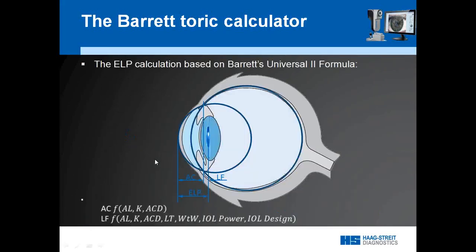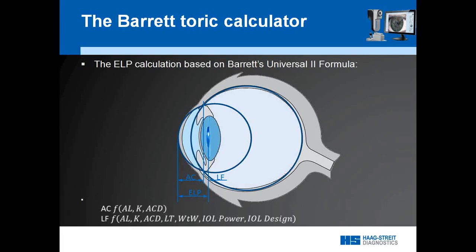So, the Barrett formula calculates the lens position based on axial length, K reading, ACD, lens thickness, white to white, IOL power and design. So he's using an eye model. He splits the eye into the anterior portion, which is basically made by the cornea, and the globe of the eye.